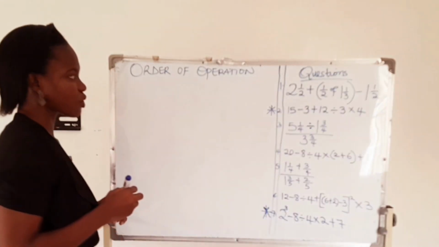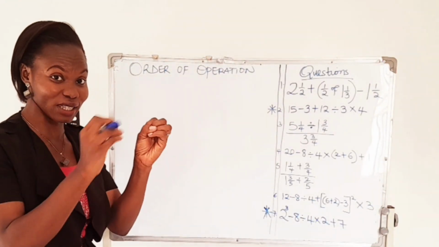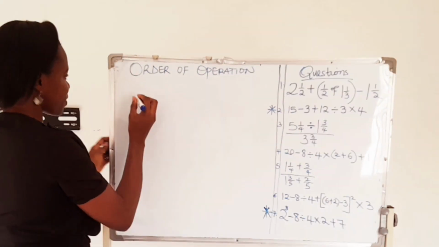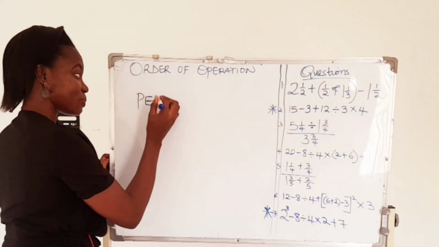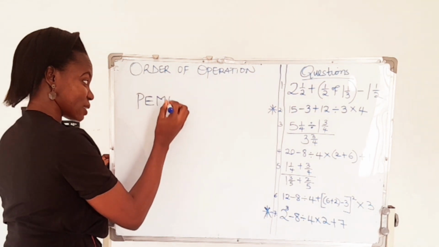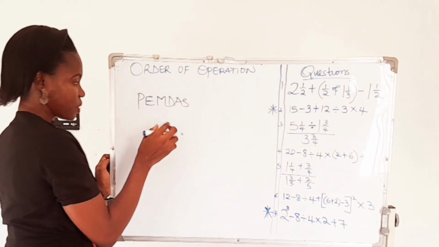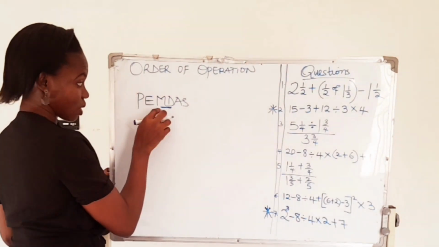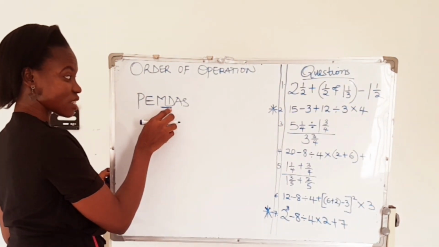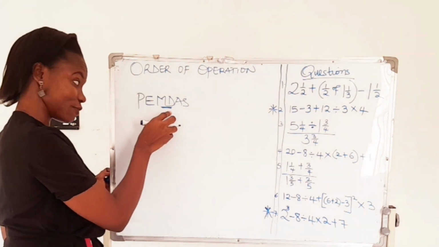Now we have an acronym that captures this in their order. In the US, they use PEMDAS, though some people have an issue with this. In this one, M and D stand for multiplication and division.